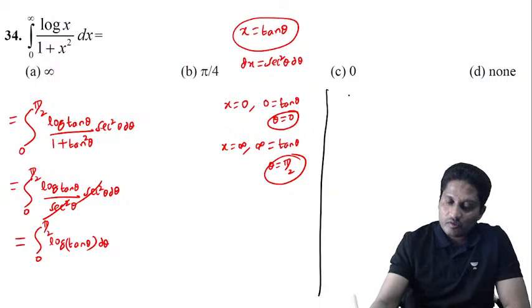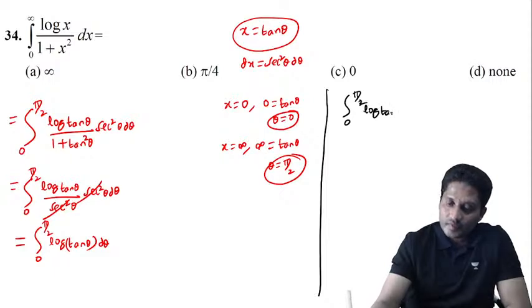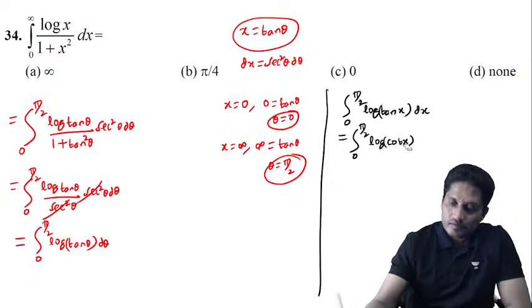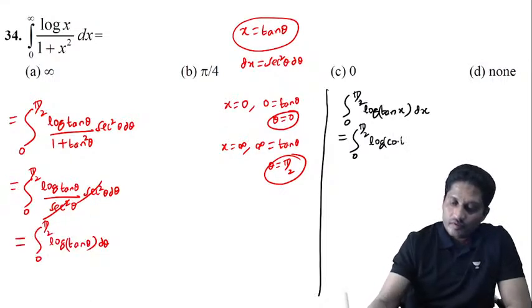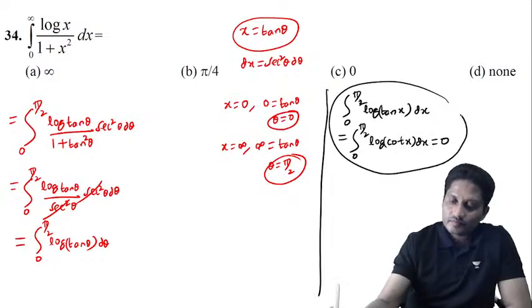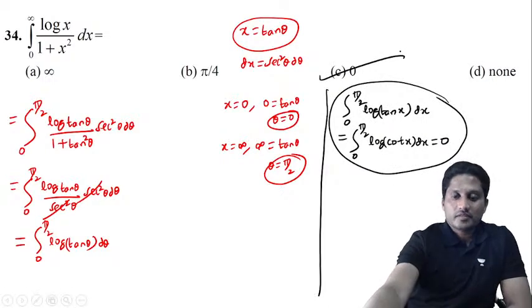Integral 0 to pi by 2 of log of tan x is the same as 0 to pi by 2 of log of cot x dx. This is always equal to 0. Answer is option C.